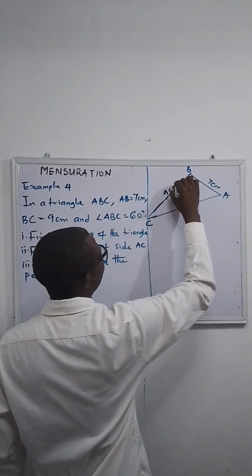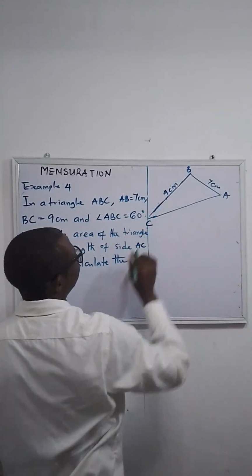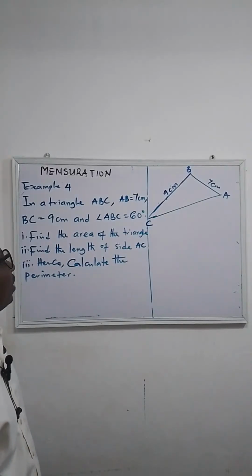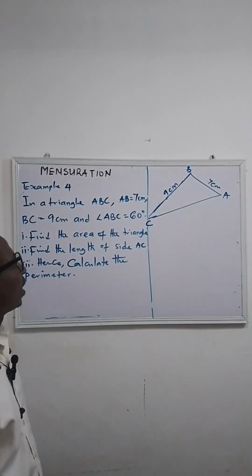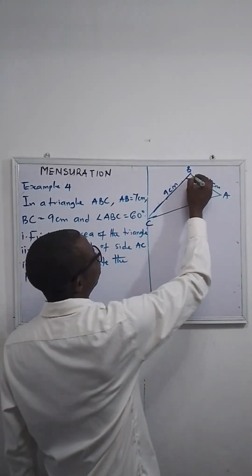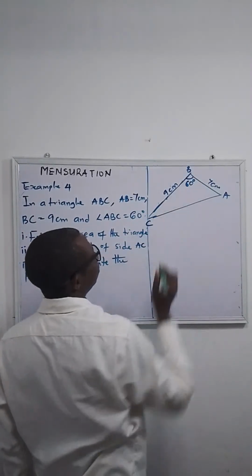It's long, so you have to show that in your diagram. Probably let's adjust this triangle so that it represents that. And we are given angle ABC to be 60 degrees.